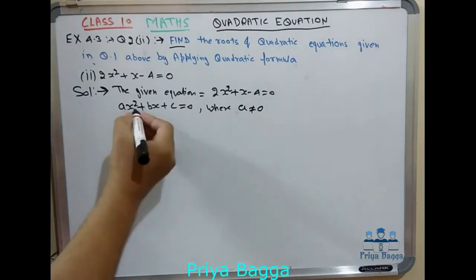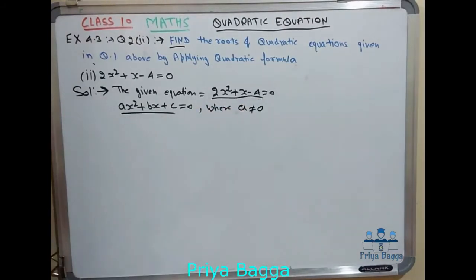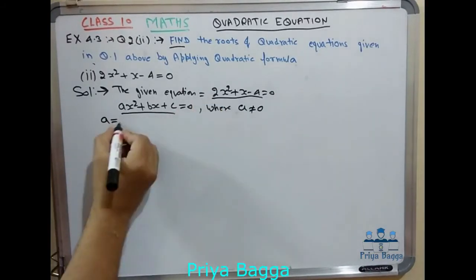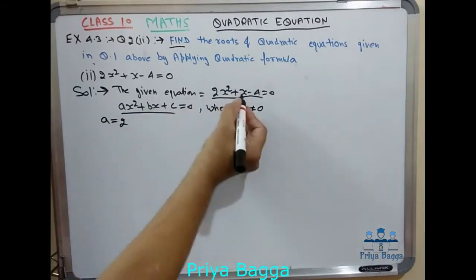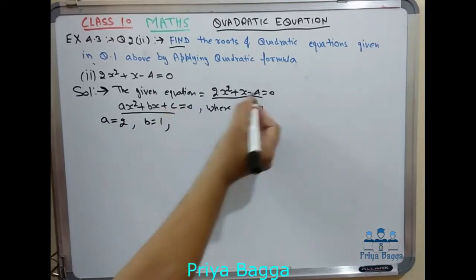Now when we compare this equation with that equation, we can very easily find the value of a, b and c. Here the value of a is 2, the value of b is 1, and the value of c is minus 4.